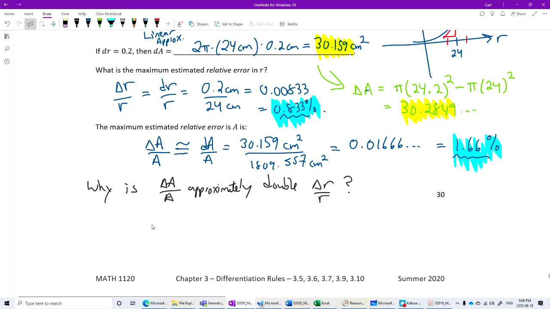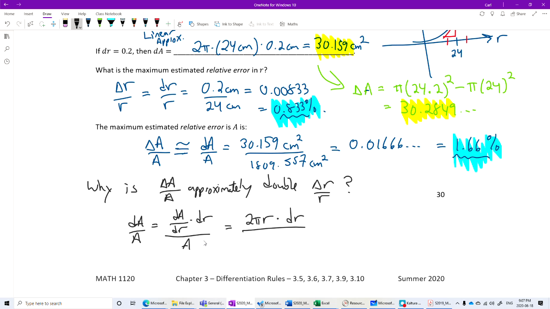Well, let's see. We know that dA over A would be the derivative dA/dr times dr, divided by A. I've just substituted in the differential: dA is dA/dr times dr. What is dA/dr? It was 2 pi r times dr. And A is pi r squared.